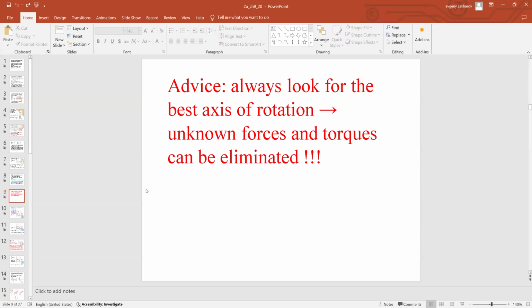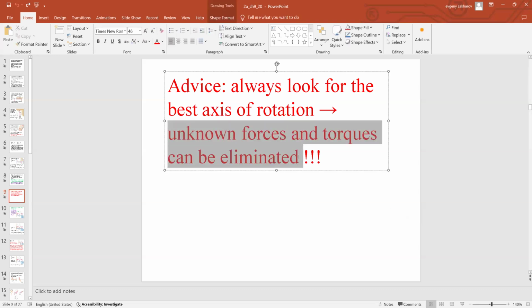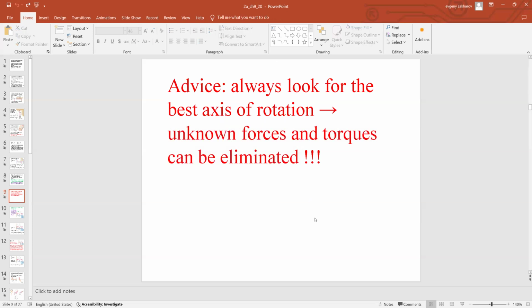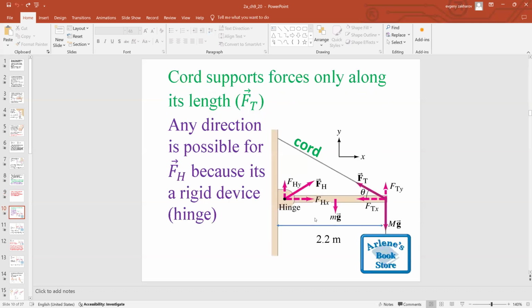And you have to eliminate unknown forces by picking the correct axis of rotation so that you eliminate one of those forces by setting those torques equal to 0. So this is your general strategy, and we'll definitely practice it here.